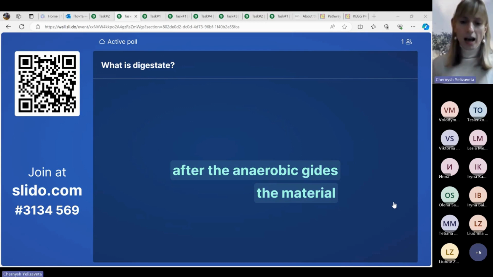Okay, and after this transformation, this fermentation of organic waste in anaerobic conditions with our microorganisms, we get biogas, which is a gas phase, our biofuel, and we get solid and liquid phases of digestate.